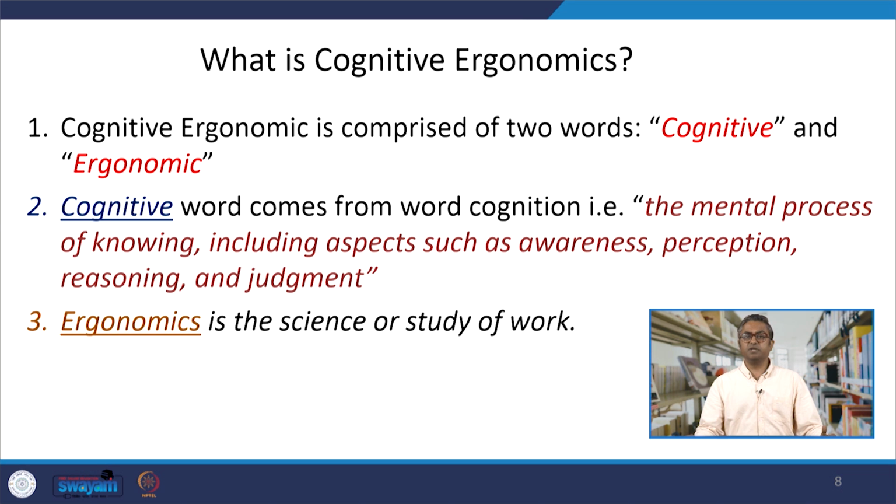A multidisciplinary discipline which is providing us an insight to explain how cognition starts and how cognitive processes work. Cognitive ergonomics is comprised of two words, cognitive and ergonomics. The cognitive word is coming from the word cognition, which means the mental processes of knowing, including the aspects of awareness, perception, reasoning, and judgment.